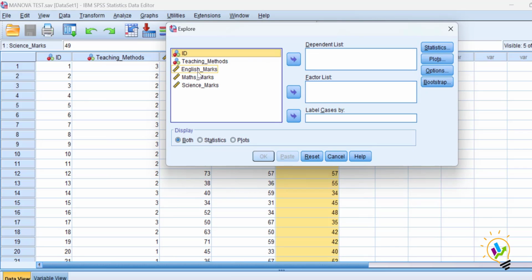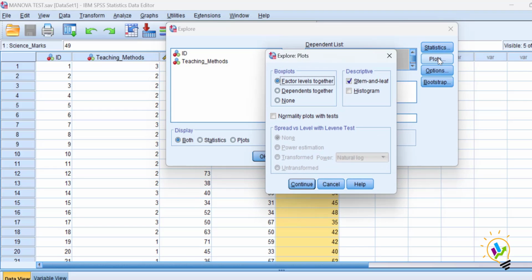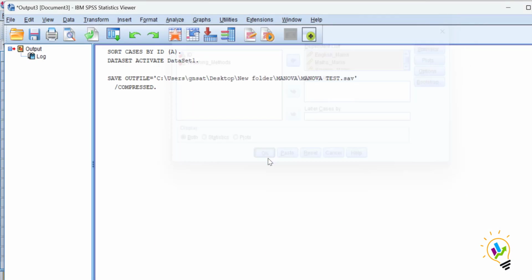Now select all the three because we want to do normality individually for all the dependent variables. So we'll select English marks, mathematics marks, science marks as dependent variables. Click Plots. In Plots, select the normality plots with tests and click Continue and click OK.